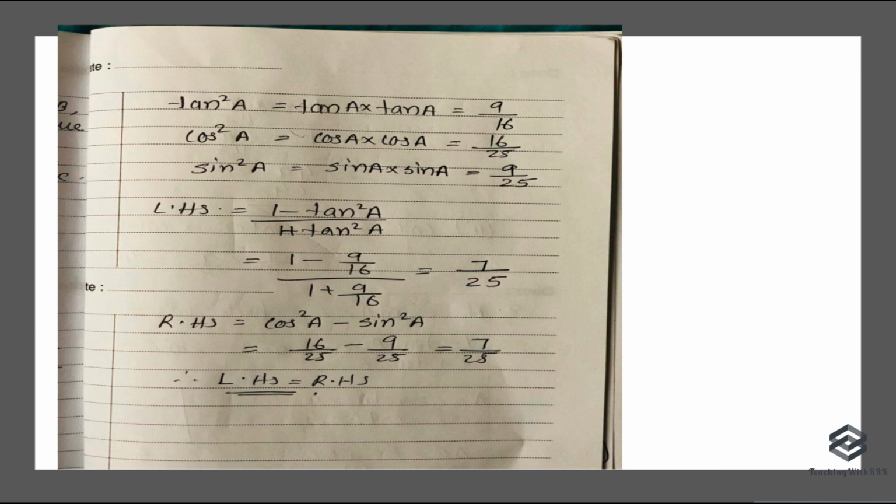RHS is cos square A minus sin square A. Substitute values. Cos square is 16 by 25, sin square is 9 by 25. LCM same. Therefore 16 minus 9 is 7, equal to 7 by 25. From this it is clear that LHS equal to RHS.